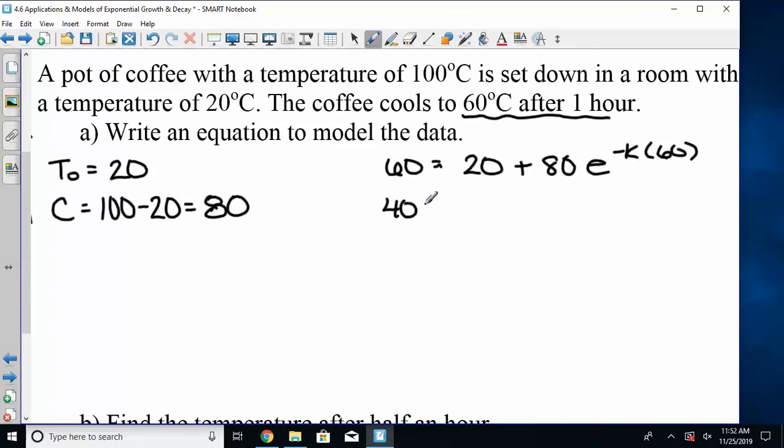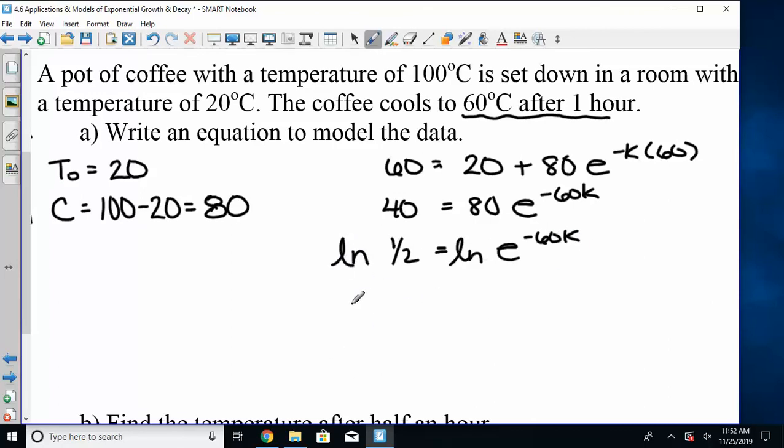Subtract the 60. Divide by 80. Then, just like all of the others, we add our natural log. Natural log and e drop.